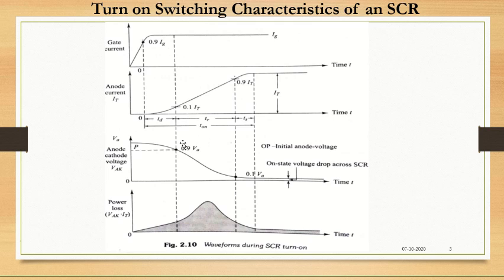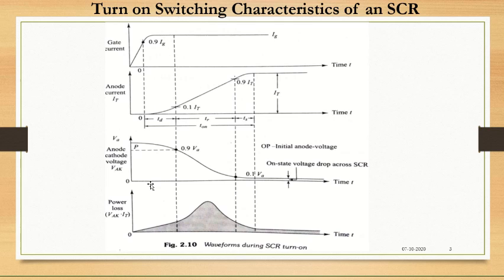Initially, when the device is in off condition, the voltage across it will be maximum, and the current flowing through it will be zero or minimum. When we turn on the device using any of the triggering methods we discussed in the morning, we don't see an instantaneous increase in the current, or an instantaneous drop in voltage across it.